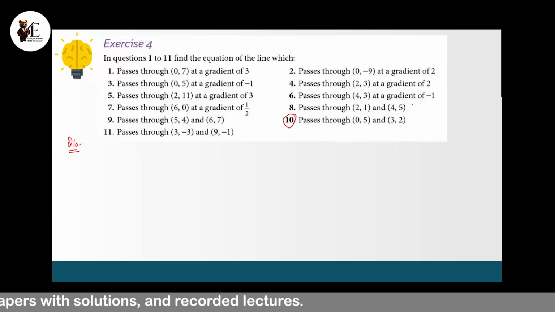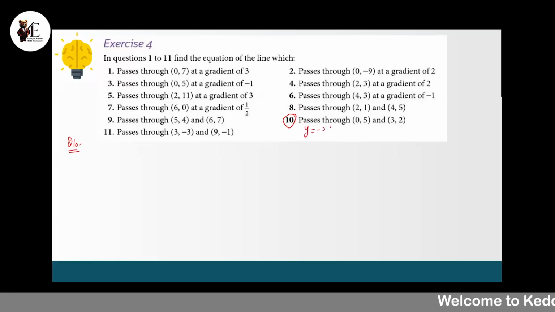I got the answer. Okay, what's your answer? Y equals to negative x plus 5. Okay, let's check. So first I'm writing the formula.